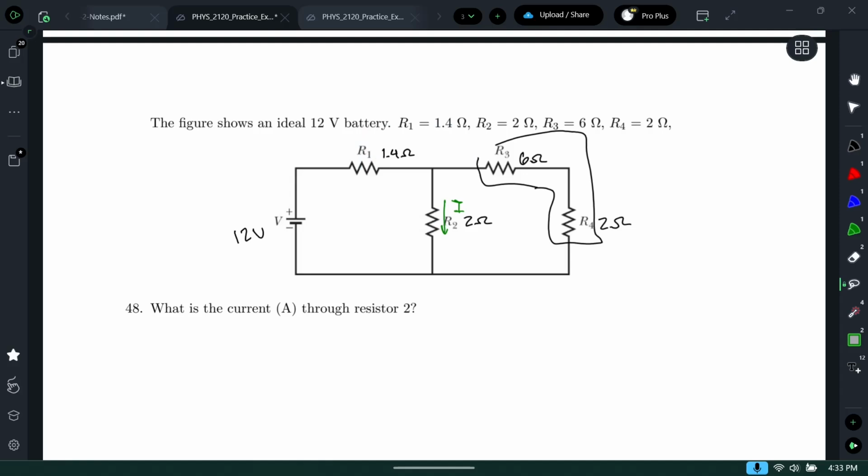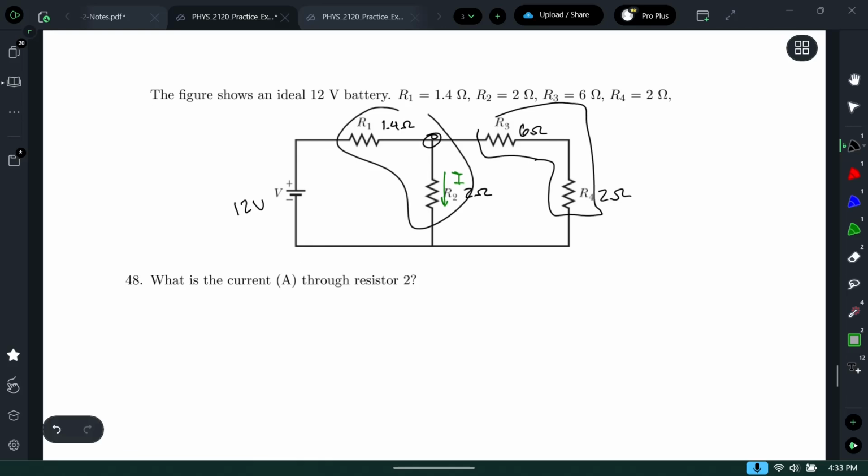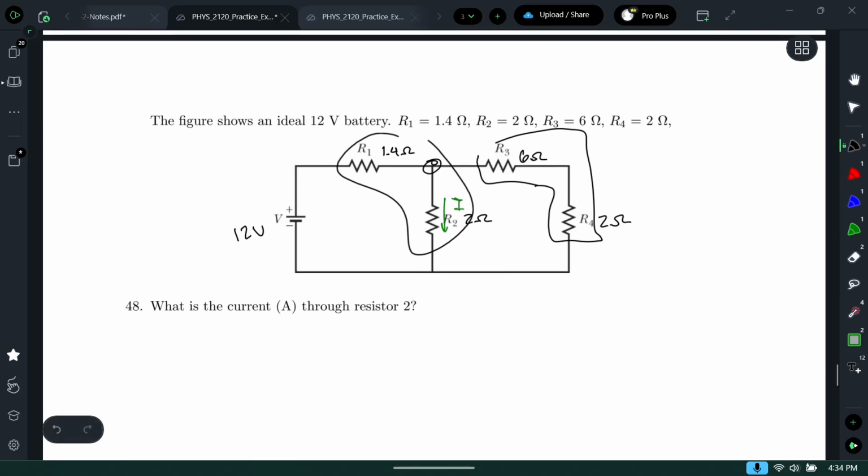If I try and combine all of them in one step, I may do one wrong because I thought stuff was in series, when in fact these two are not in series because you've got this junction in between. So that's my first step: this is in series, and so series equivalent, 6 ohms plus 2 ohms is 8 ohms.